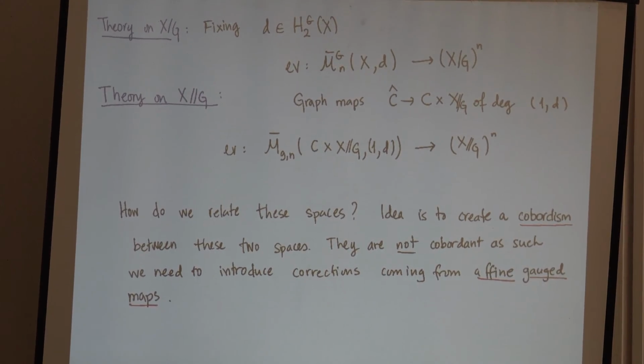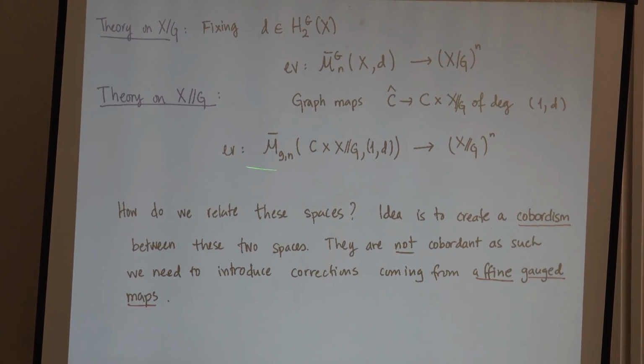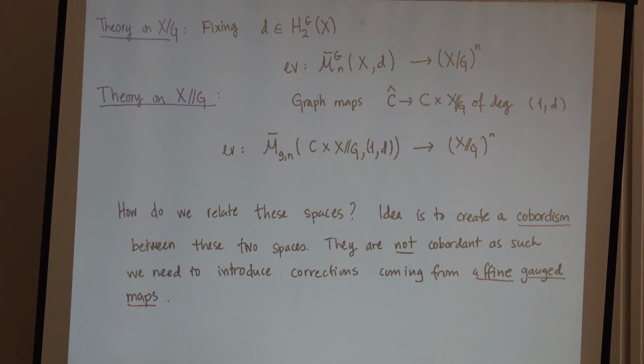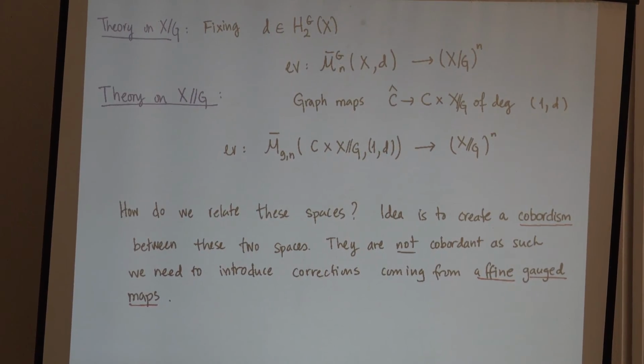So what we want to do is to relate this guy and this guy, so those two moduli spaces, we have to introduce a cobordism between the two of them, and this is what we call scale maps. I'm going to define in a second what that is. And so this cobordism does not particularly relate these two on the nose, exactly, but it relates them up to corrections by affine gauge maps.